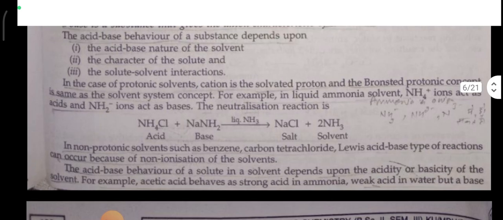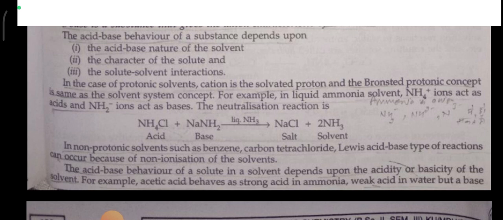In case of protonic solvents, the cation is the solvated proton and the Bronsted protonic concept is the same as the solvent system concept. For example, in liquid ammonia solvent, NH4+ ions act as acid and NH2- ion acts as base. The neutralization reaction is carried out and it forms salt and solvent.